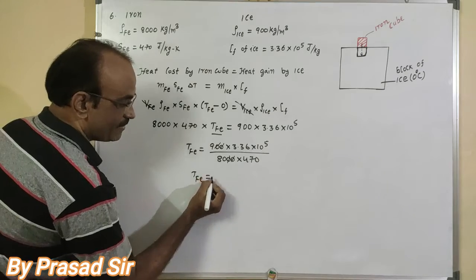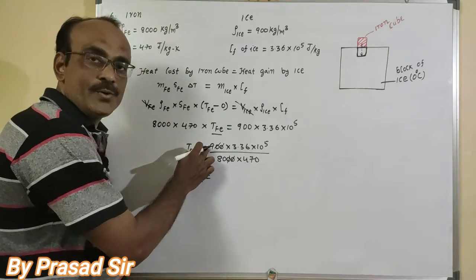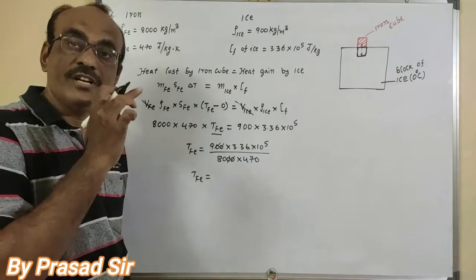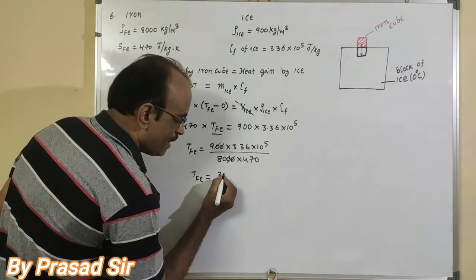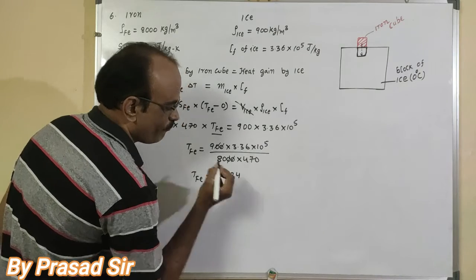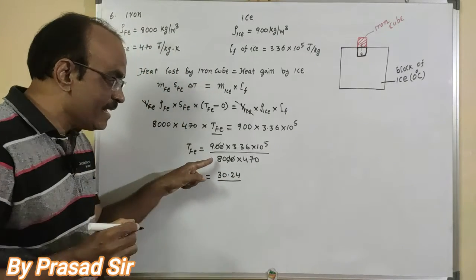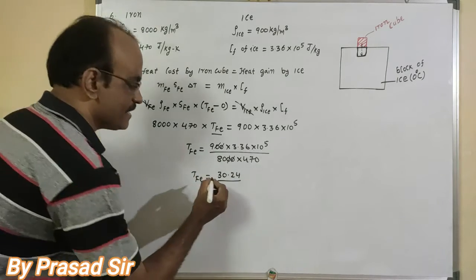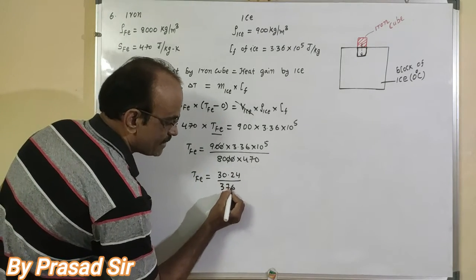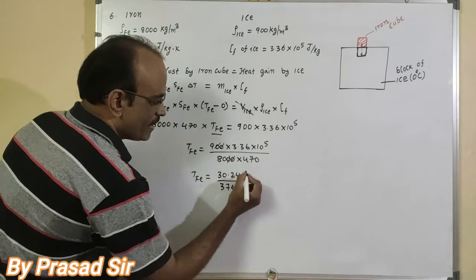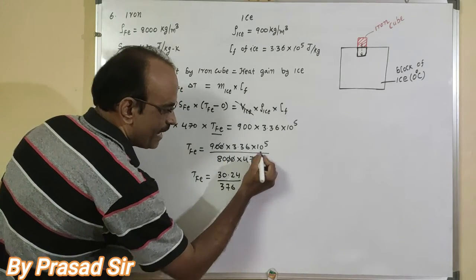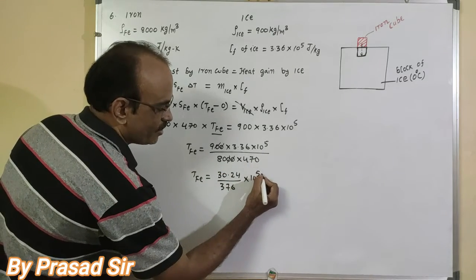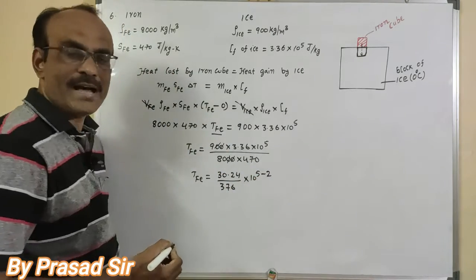Temperature of iron is equal to 9 into 3.36 multiplied, which gives 30.24, divided by 8 into 47, which I will take as 376, into 10 to the power of 5, but here two zeros, so I will take the two zeros here, minus 2.